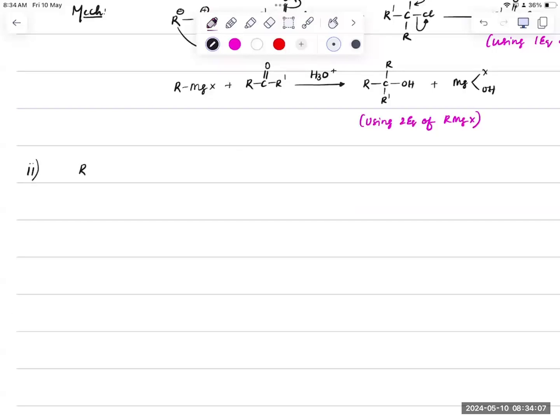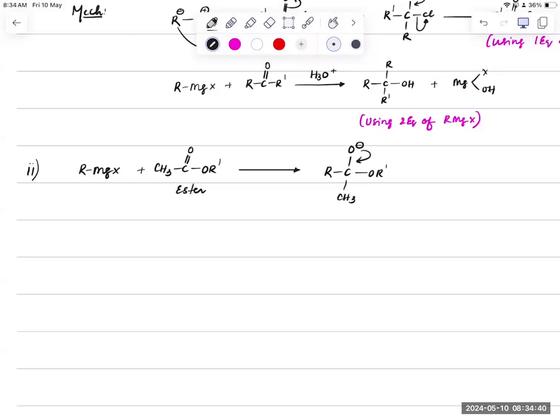So suppose I take RMgX treating with R C double bond O O R dash, this is ester. So when RMgX is treated with this one as well, let me take this carbon as CH3 just for our convenience. Now first R will attack on carbon, makes this as O minus, CH3 and OR dash.